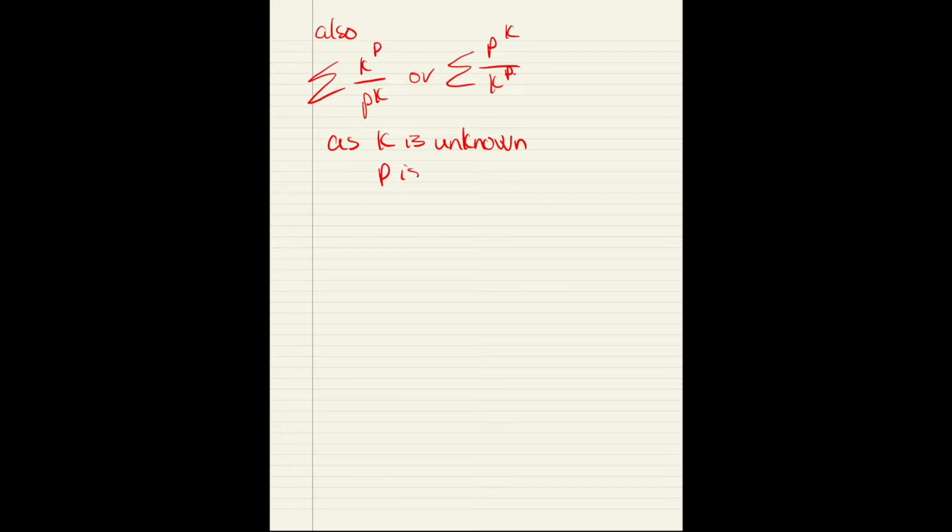Also, you might have a series which contains k to the p over p to the k, or p to the k over k to the p, where k is the unknown and p is any constant.